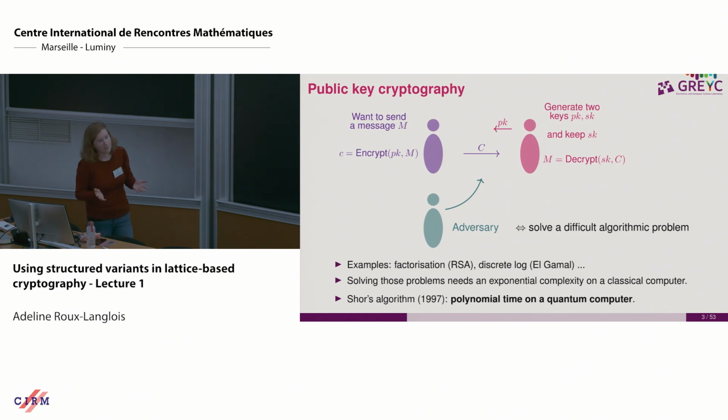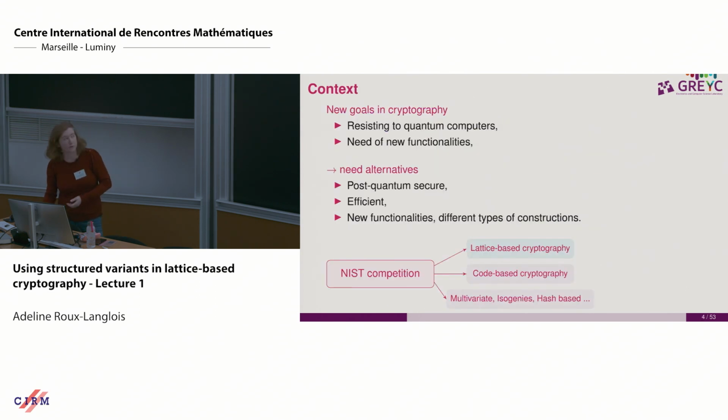It's a problem for cryptography, of course, because everything we use is based on the difficulty of those two problems. If tomorrow we have a quantum computer and we can solve them, it's not good. So we need to find alternative solutions.